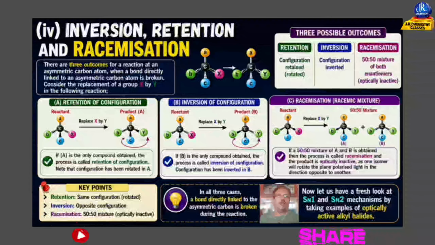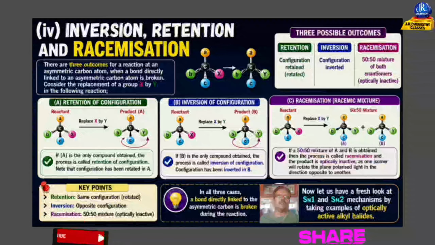If A is the only compound obtained, the process is called retention of configuration. Note that the configuration has been rotated in A. If B is the only compound obtained, the process is called inversion of configuration.